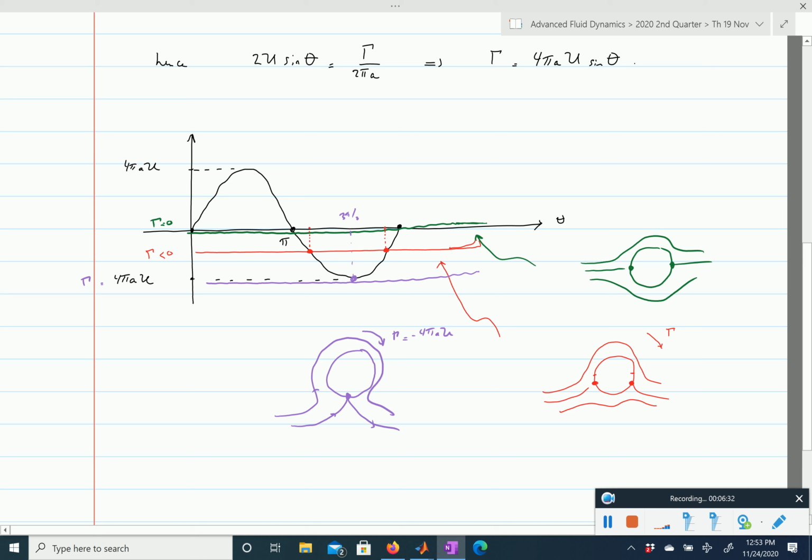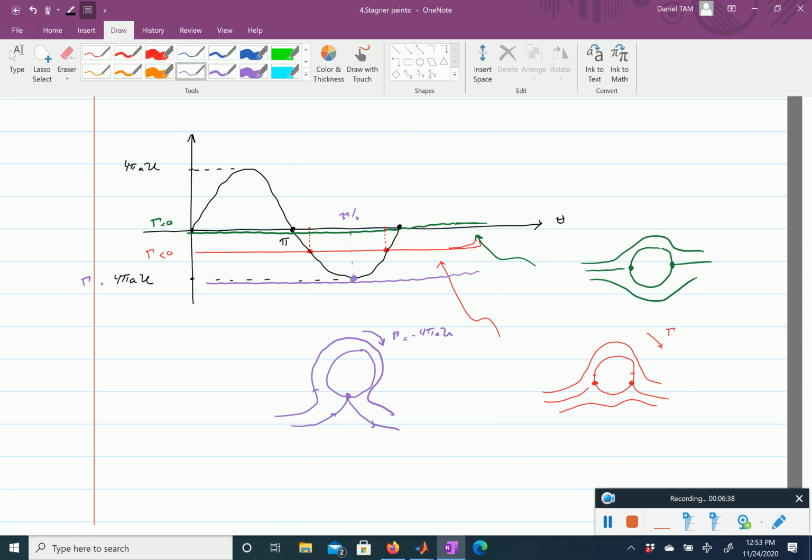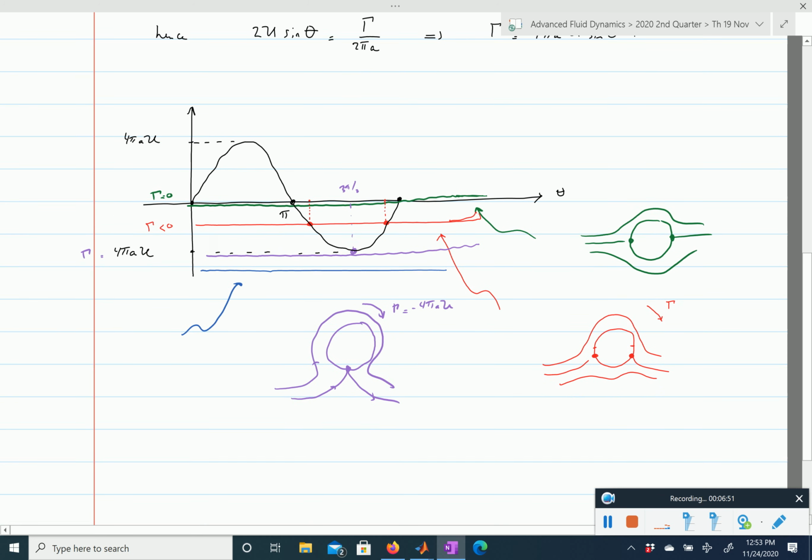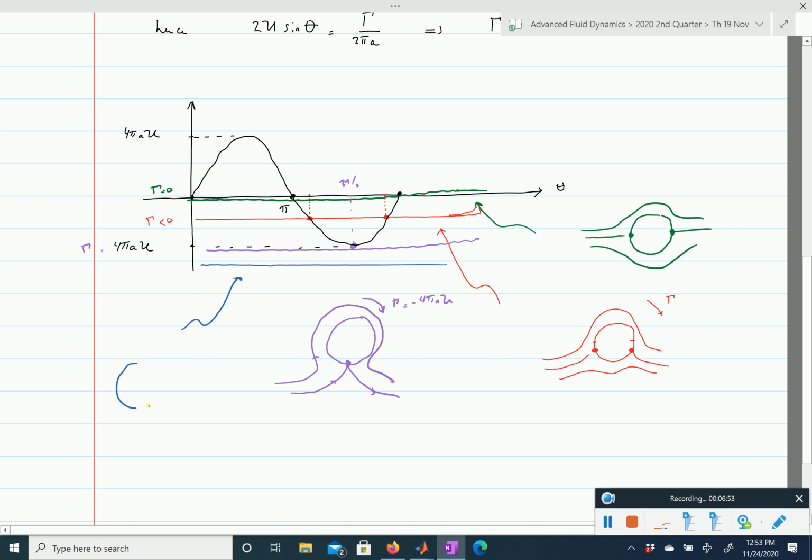If you take a value for gamma which is even lower than that, an even bigger negative value, then you no longer have any stagnation points at the surface of the cylinder, and that corresponds to what we had.